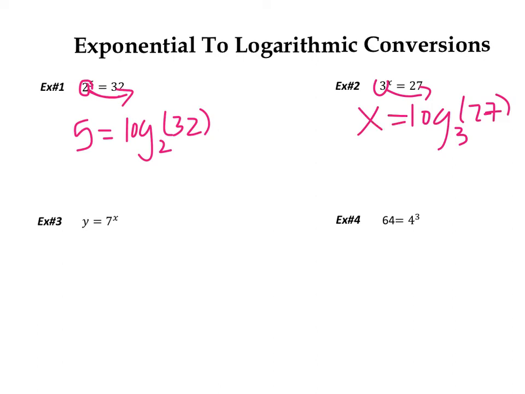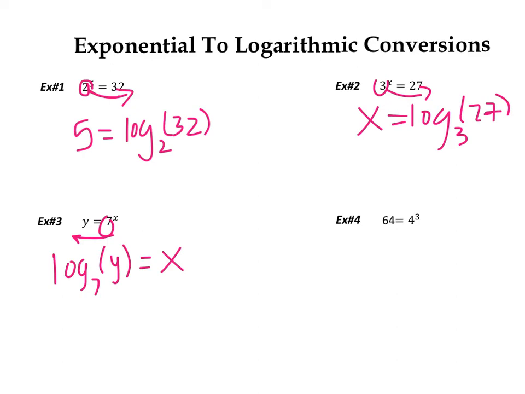Let's try it over here as well. We're going to take this 7 and bring it back down. So we have the log base 7 of y equals x. Some people call this the lasso method because you're sort of lassoing the 7, the base, and pulling it down towards you.